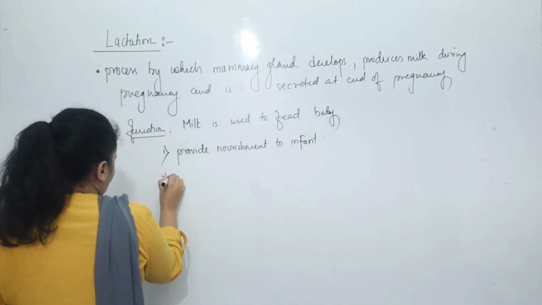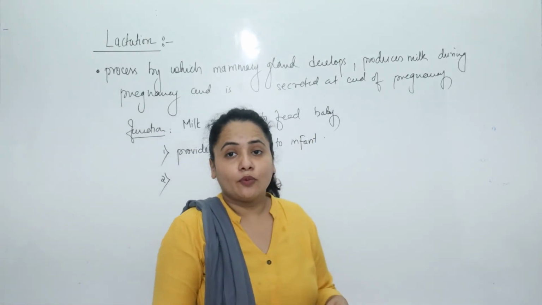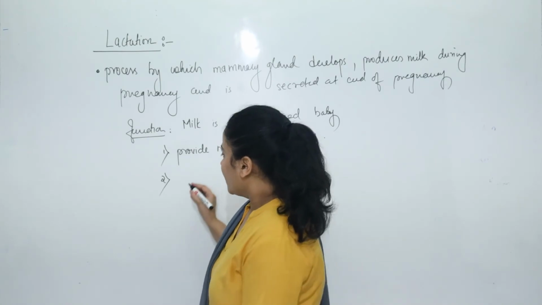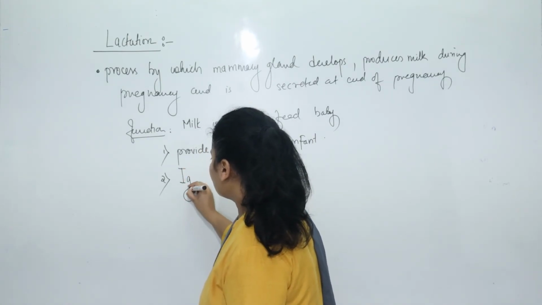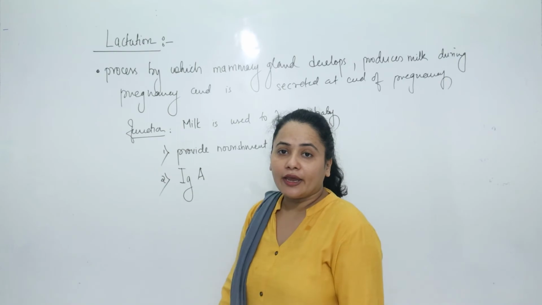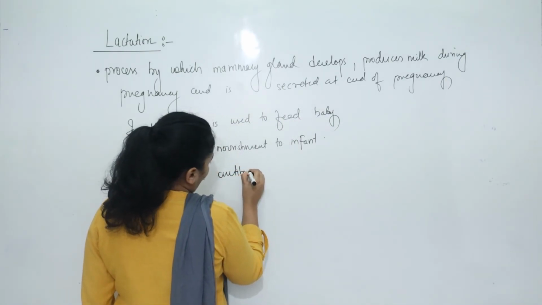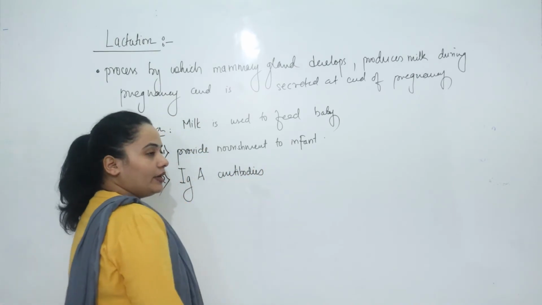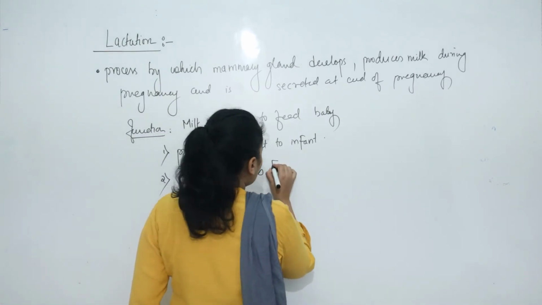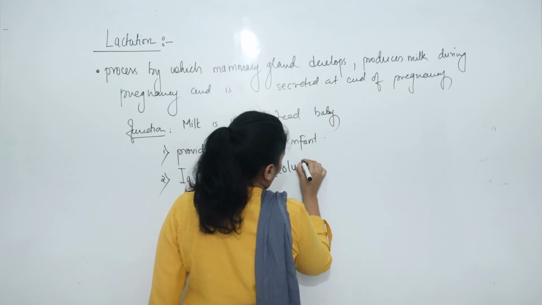The second point is really important. Milk consists of IgA antibodies. We call it colostrum. Very important.